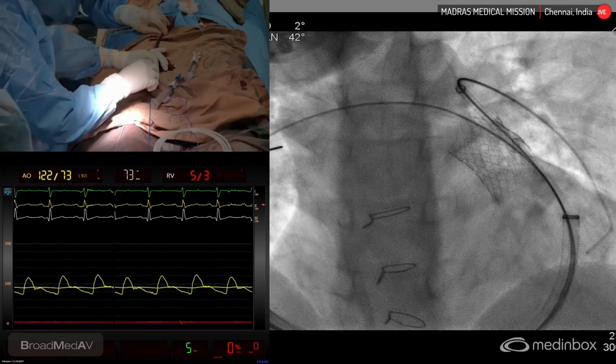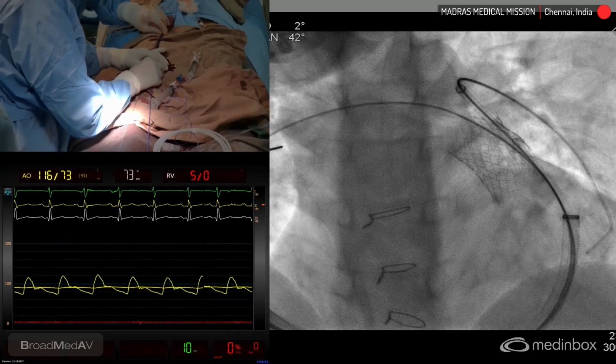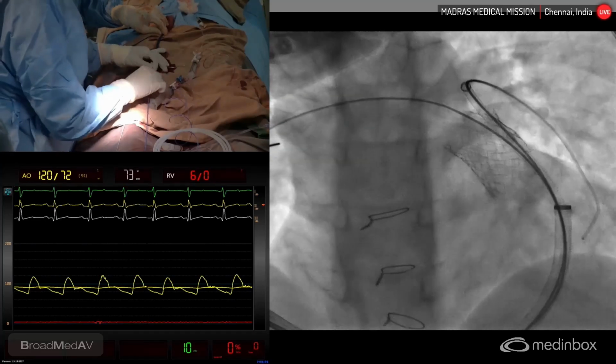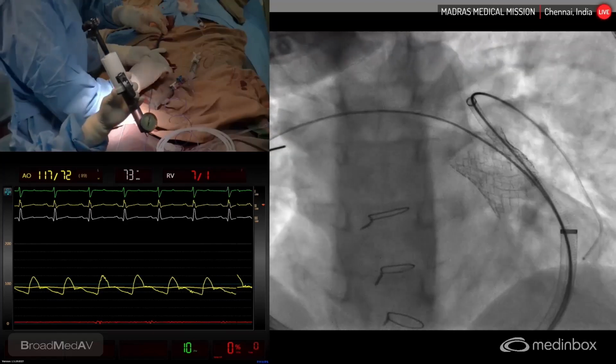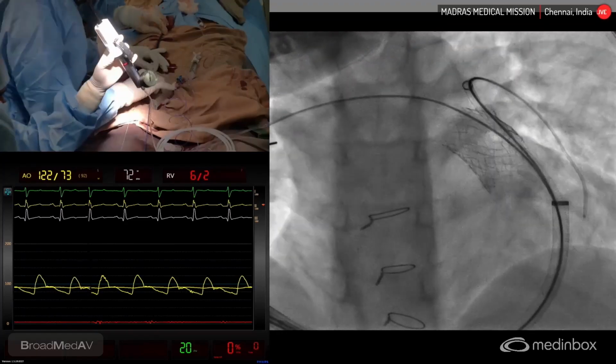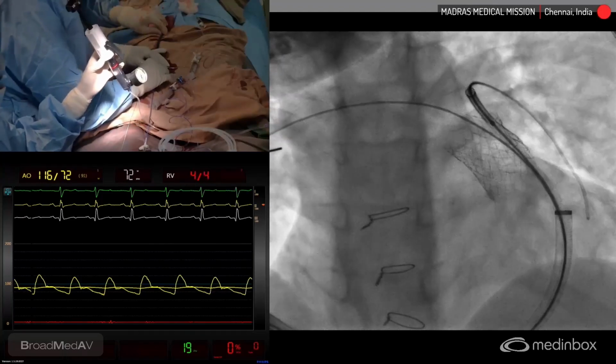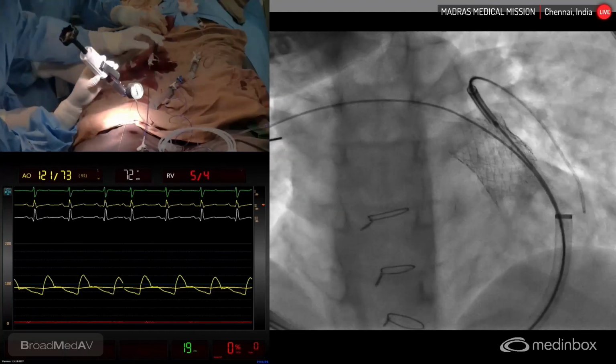Keep it straight and fixed. So this will remain there.